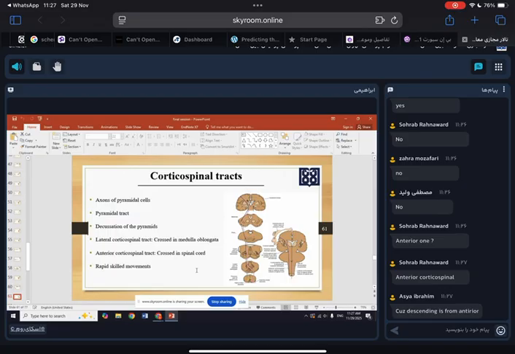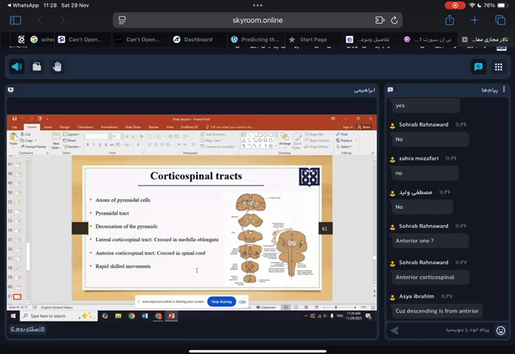And 10 to 15% of the tract has cross in spinal cord. So it shows that all of the tracts, anterior corticospinal tract or lateral corticospinal tract, all of them must have cross.